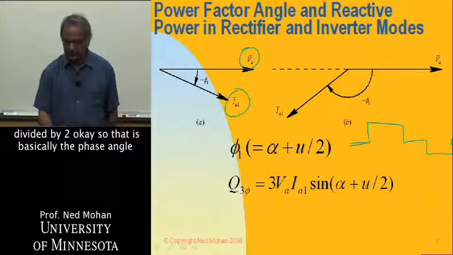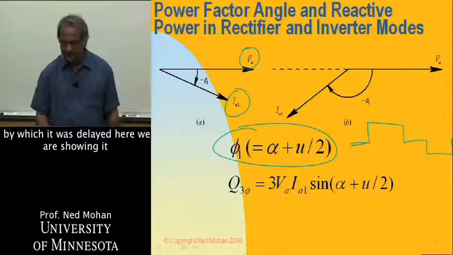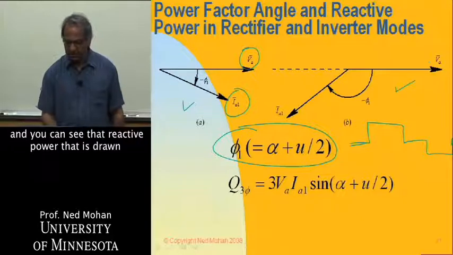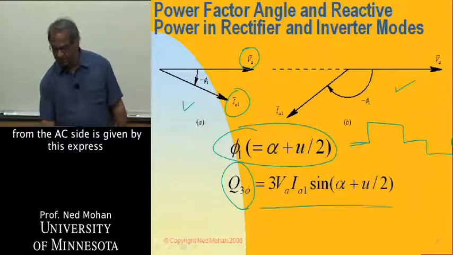Okay, so that is basically the phase angle by which it's delayed. Here we are showing it in the rectifier mode, here in the inverter mode, and you can see that the reactive power that is drawn from the AC side is given by this expression.